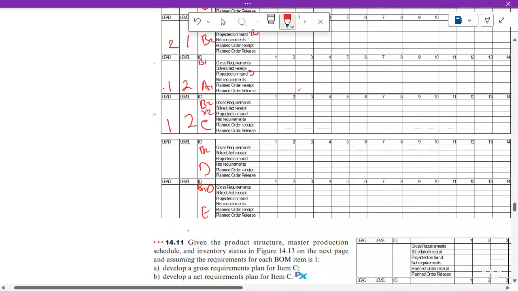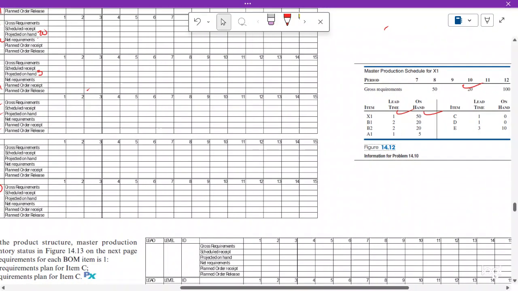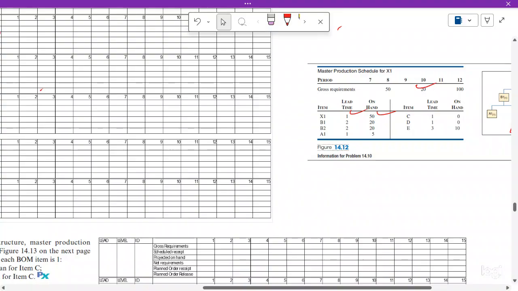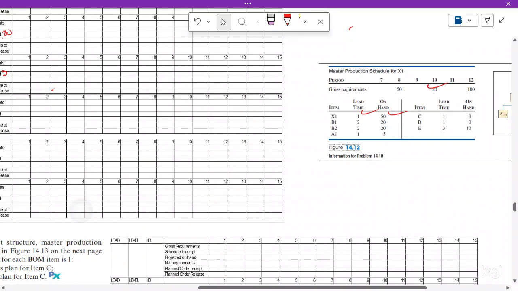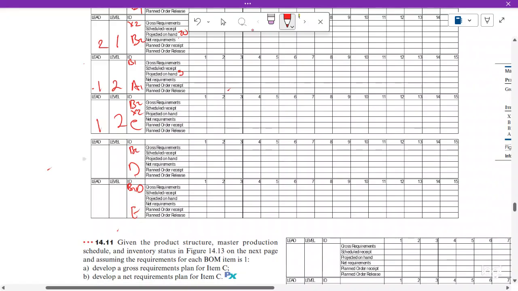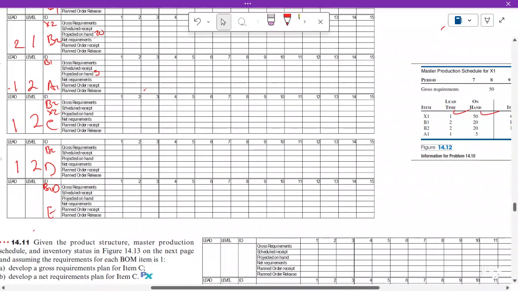Then D now. D is times 1. How many do we have on hand? 0. Okay, perfect. Lead time 1. Level 2.